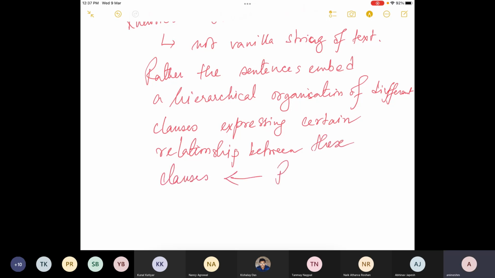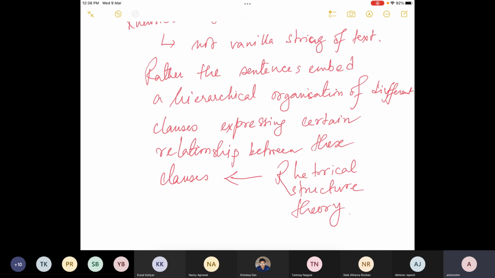This is what is called rhetorical structure theory. A sentence is usually not just a bag of characters or a bag of strings. It has a hierarchical organization embedded in it, the organization of the clauses inside the sentence, and the organization reflects certain types of relationships between these clauses.